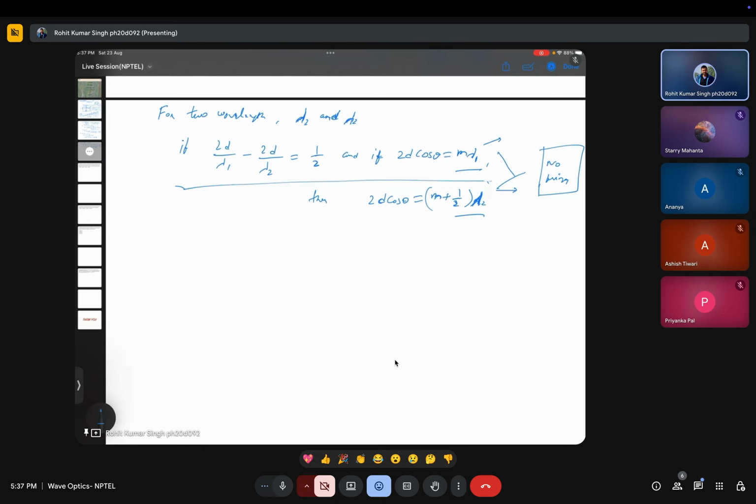And then if you move your mirror by a little bit more and if you get a condition like this, then the fringes will basically reappear.